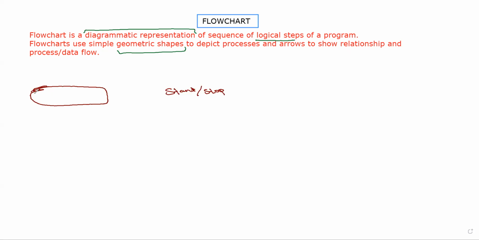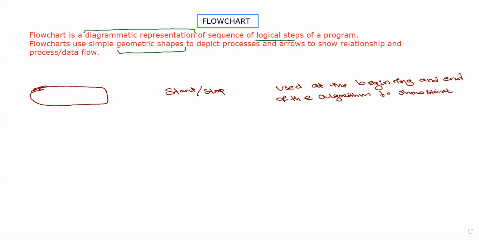And what is the purpose of this symbol? It is used at the beginning and end of the algorithm, to show the start and end of the program.